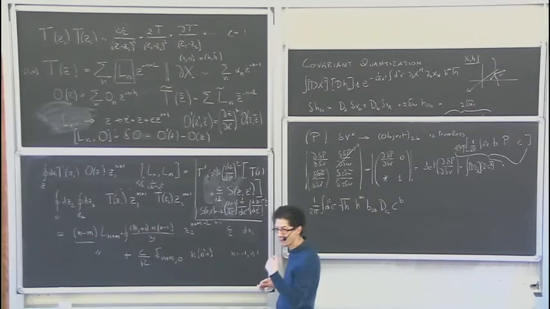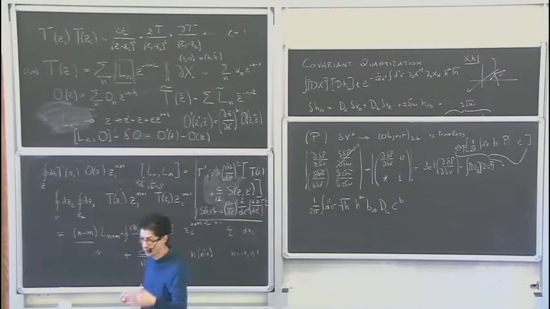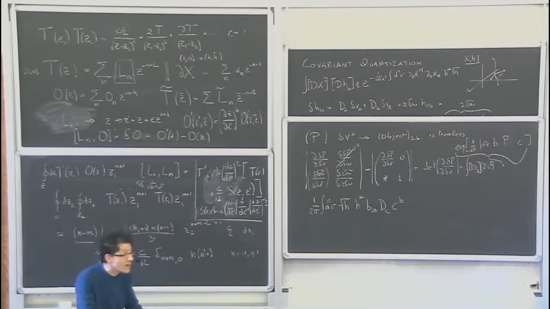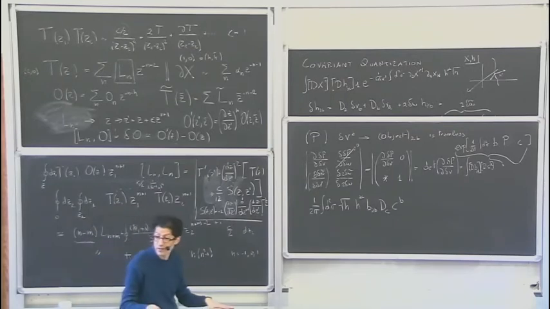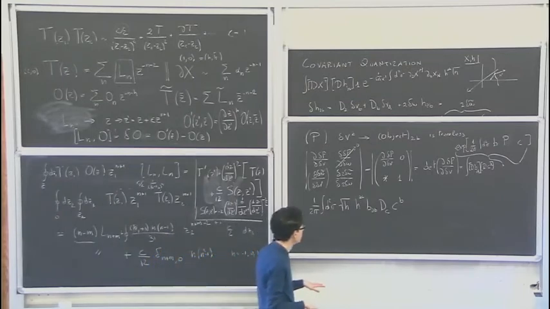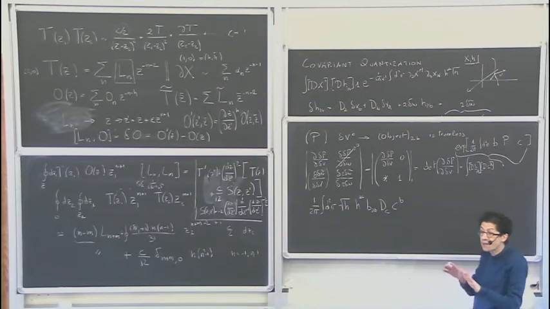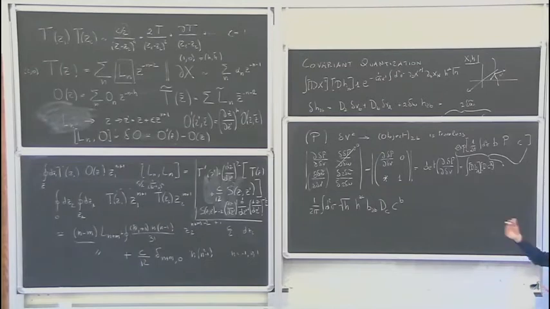The final message is that once you do the covariant quantization, you have the X degrees of freedom, but you have extra degrees of freedom, B and C, that are there to take care of the gauge invariance. Exactly as in a gauge theory, you have the electromagnetic field, the gauge field A mu, but you also have the ghost.